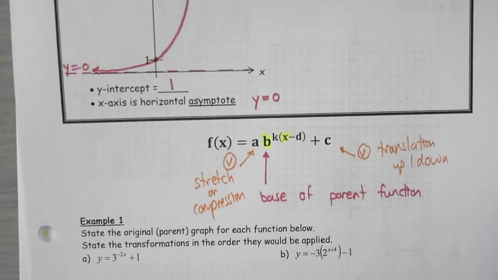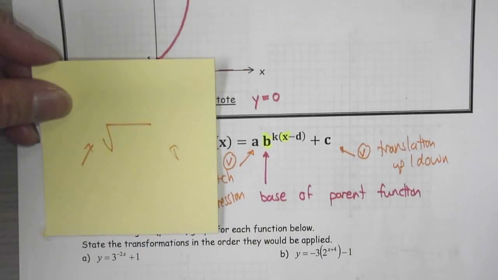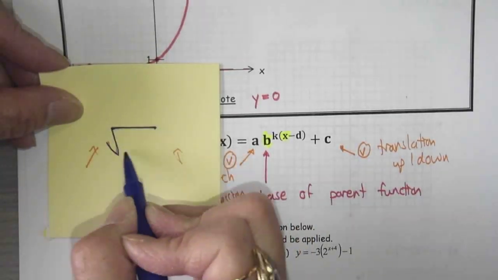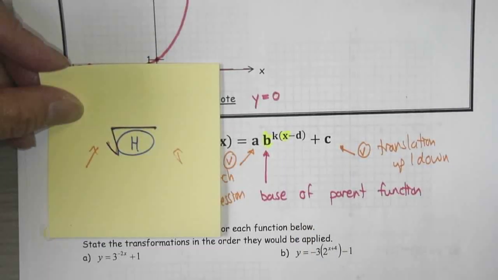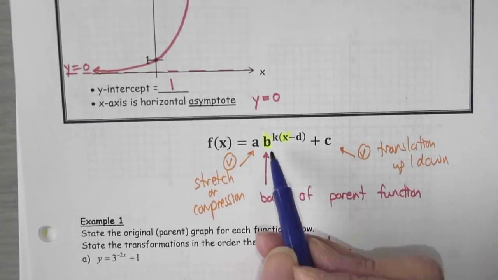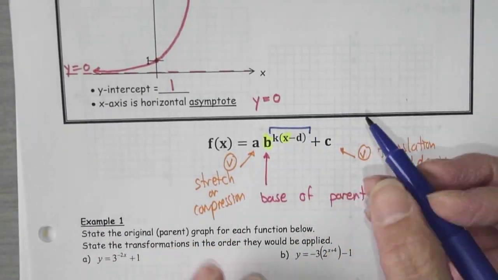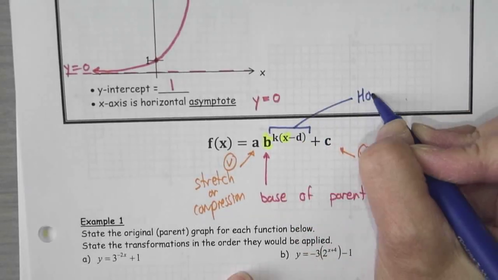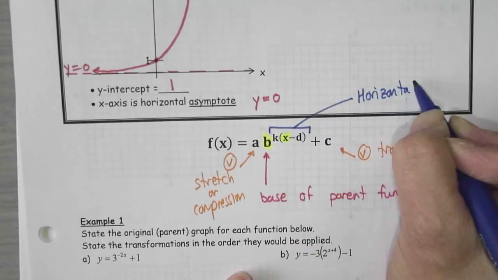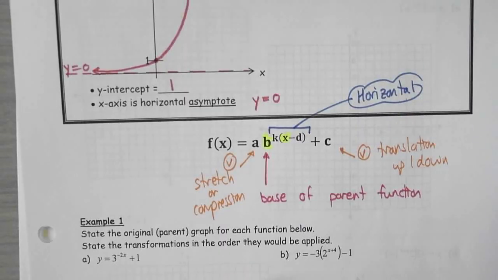Now, the part that's going to be different is the horizontal. When we were doing, say, the square root function, everything inside was horizontal, right? Now, for this one, the horizontal is this part. That's new. That looks different, right? So it's not in the square root.